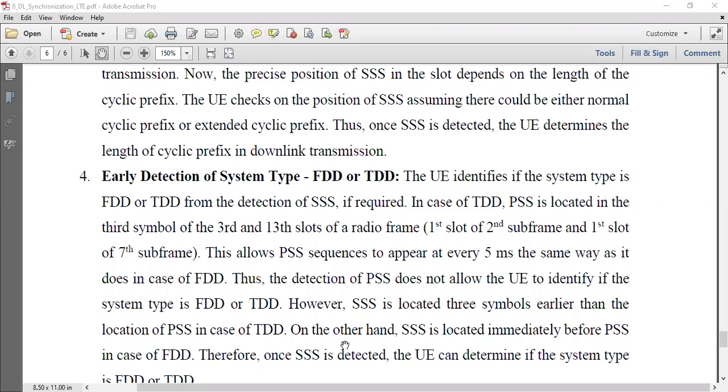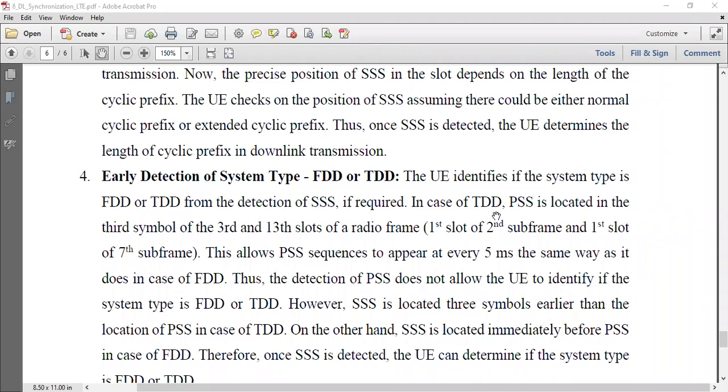Now, in the case of TDD, the locations of PSS and SSS are a little different. Okay. So once you detect PSS and SSS, you actually come to know whether it's FDD or TDD.